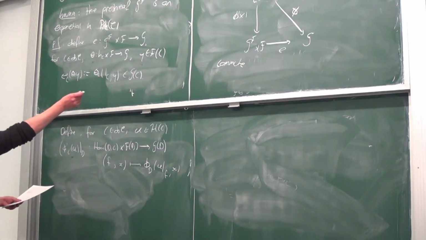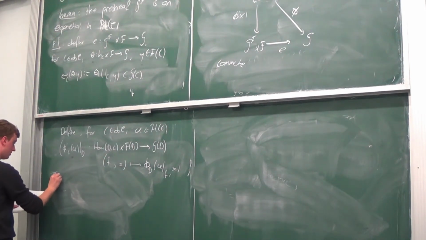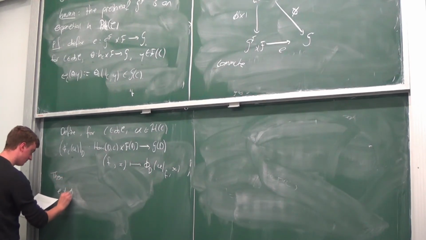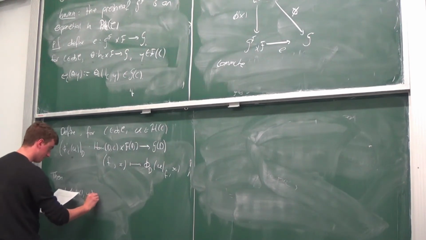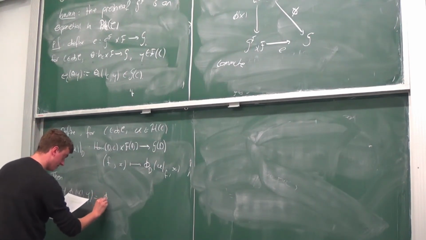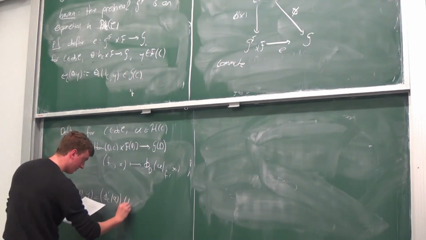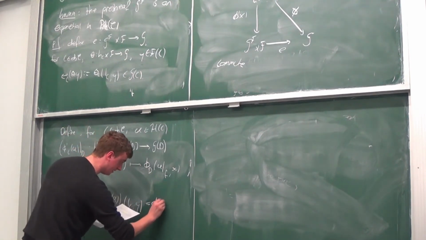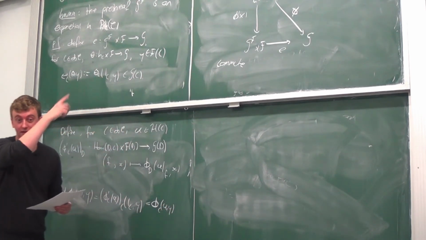And then using the definition of our evaluation, we have that E at C of phi prime C of U with Y is equal to phi prime C at U, C, 1C, Y, which is equal to phi C of U Y. This triangle does indeed commute.